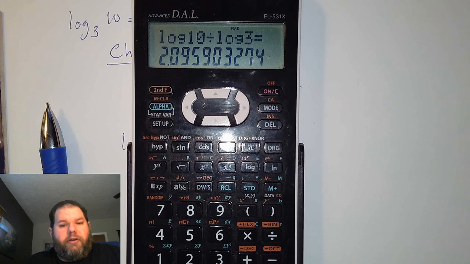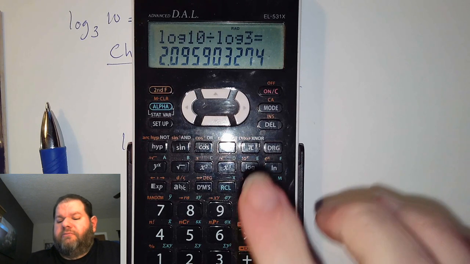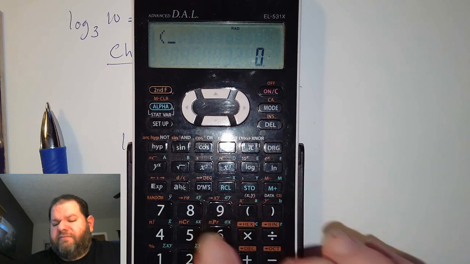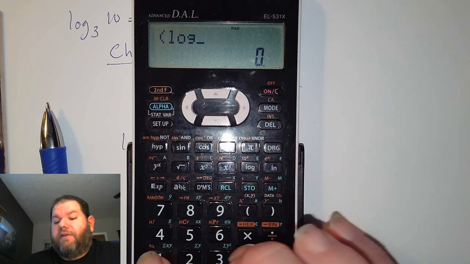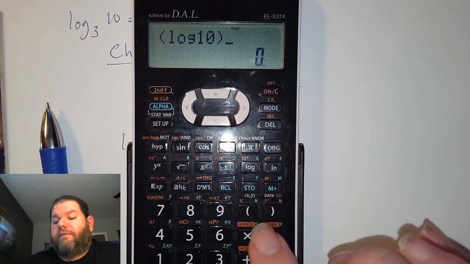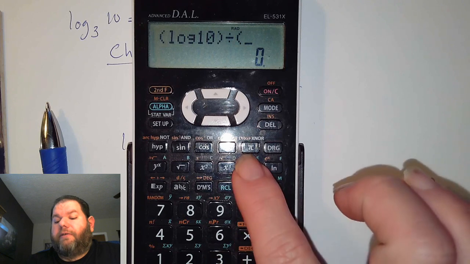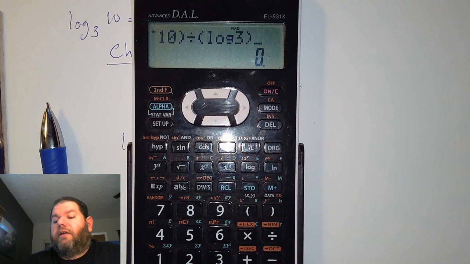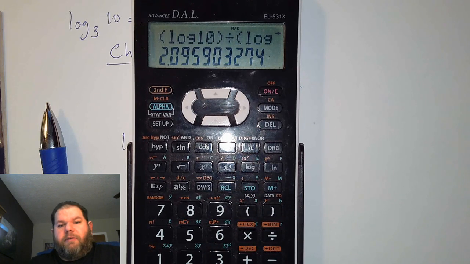Now, some calculators are able to do that all in one step. Other calculators, you might need to put parentheses around the terms, like log of 10 in parentheses, and then divided by, and then parentheses log 3, and then equals. It's the same number on my calculator here, because mine is okay doing it either way.